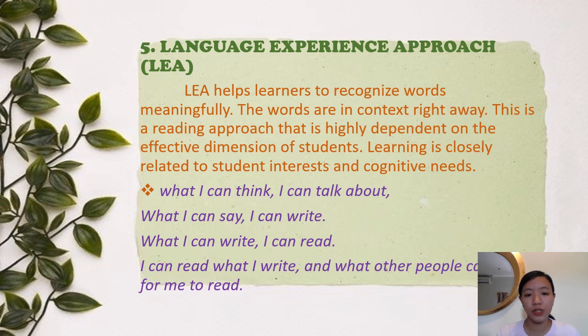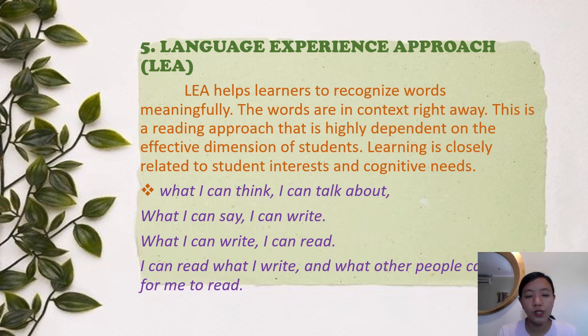Number five, the language experience approach, or LEA. LEA helps learners to recognize words meaningfully. The words are in context right away. This is a reading approach that is highly dependent on the affective dimensions of teaching students. Learning is closely related to students' interests and cognitive needs.